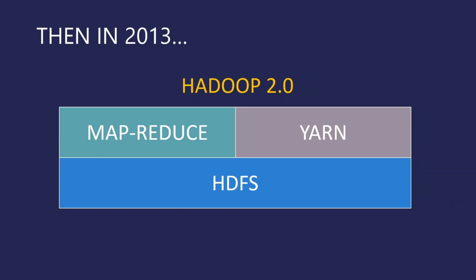So YARN will not be just running on one system, rather YARN will be running on multiple systems. If there is a 4 node cluster, or let's say a 5 node cluster, in all the 5 machines YARN will be running. That's what I mean. So this is the new version, Hadoop 2.0, that was released in 2013.